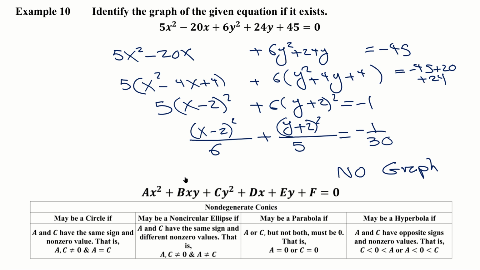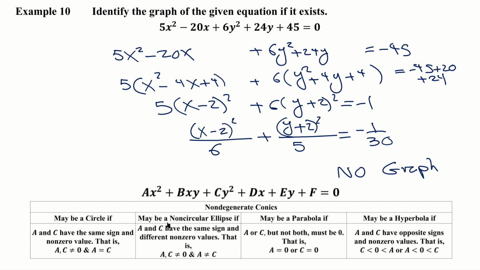Now notice this is precisely why I told you the safest thing to do is to go to standard form, because if you were just going to rely on this method that we discussed with respect to the general form, here we do indeed have a and c, which are 5 and 6. They're non-zero and they're not equal.